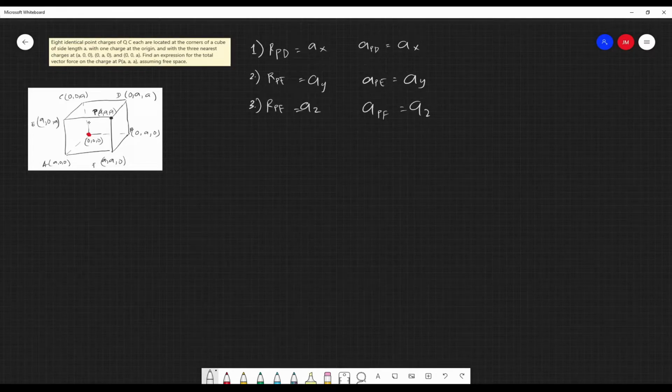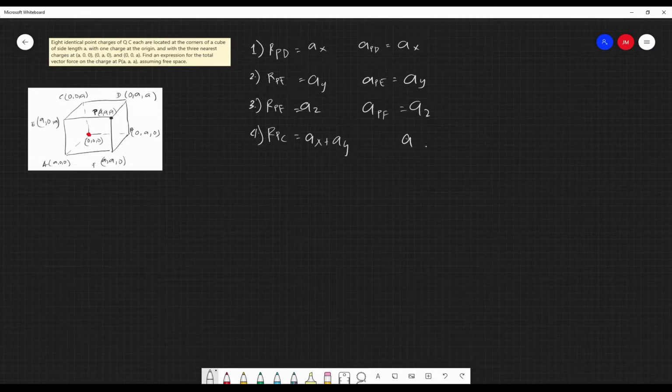Now let's go over to points with just a single a. Let's do this first: R from point P to C. Since only the z coordinate here is available, if we subtract this from point P, we're left with a x plus a y.